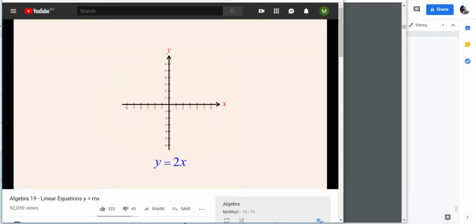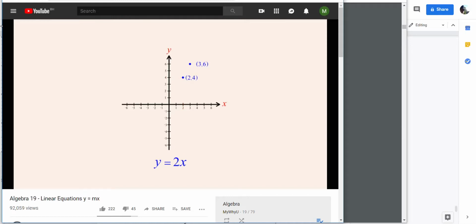This equation states that the y-coordinate of each point in the graph has a value twice that of the x-coordinate. For example, if the x-coordinate of a point is 3, then the y-coordinate of that point must be 6. Or if x is 2, then y will be 4.